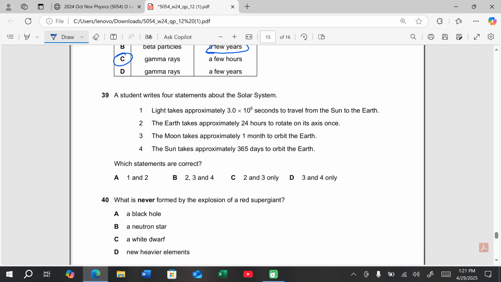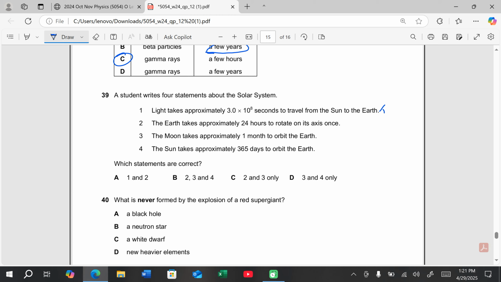In 39 it says the student writes 4 statements about the solar system. Now we need to identify which one is the correct statement. He says light takes approximately this many seconds to travel from the sun to the earth. No, that's wrong. This is the speed of light, 3.0 times 10 raised to 8 meters per second.